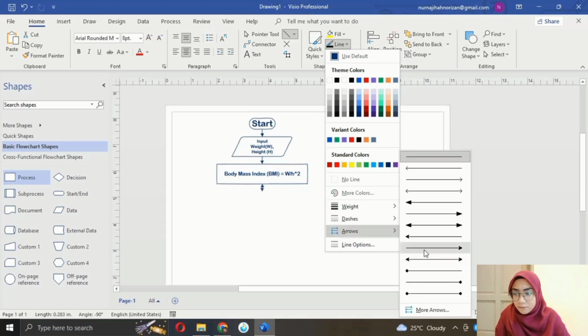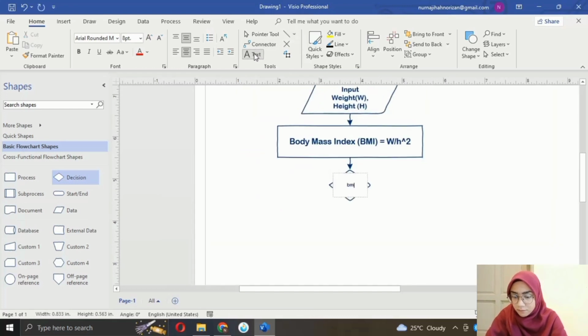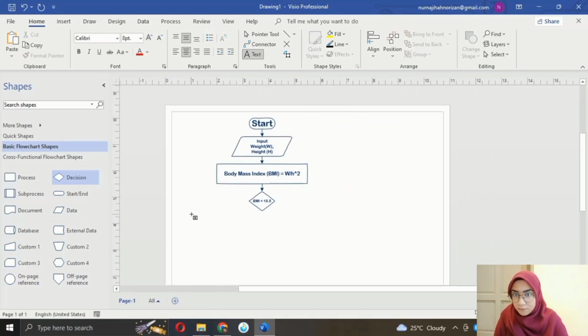So next, we take an arrow, go down, followed by a decision symbol. In this symbol, the explanation is BMI below 18.5, which is BMI lower than 18.5.